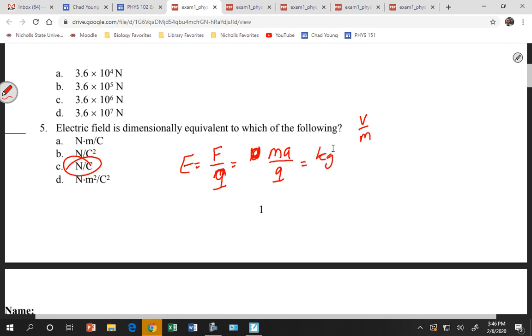That's kilograms, meters per second squared, over coulombs. So those would be the basic SI units. Usually, though, I'm more concerned that you understand that an electric field is a force per unit charge. And I might ask you that in words to describe what is an electric field. It's based on the force that a charge feels or experiences. Charges don't feel anything, they're just charges. But the force that it experiences.